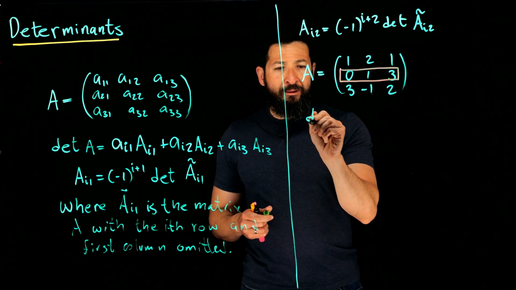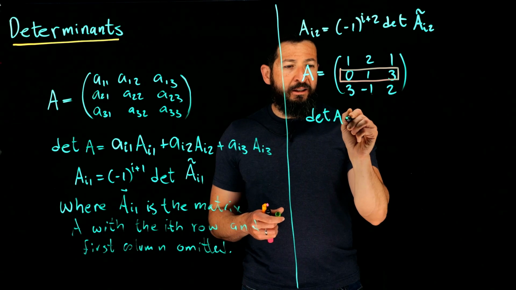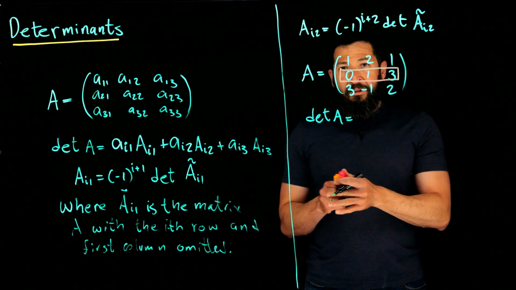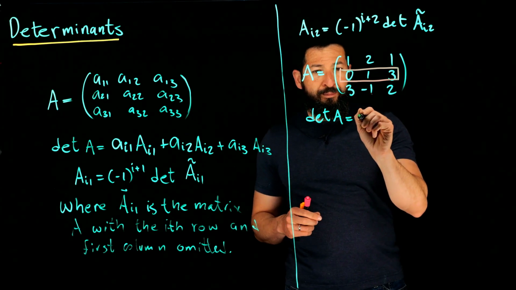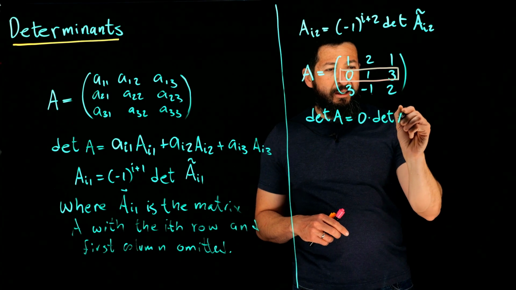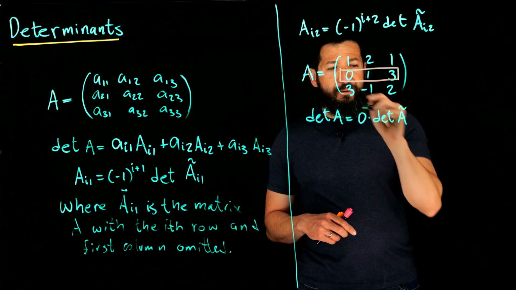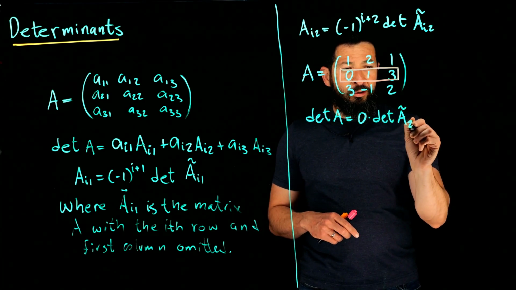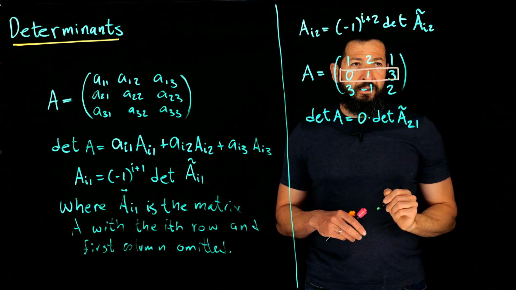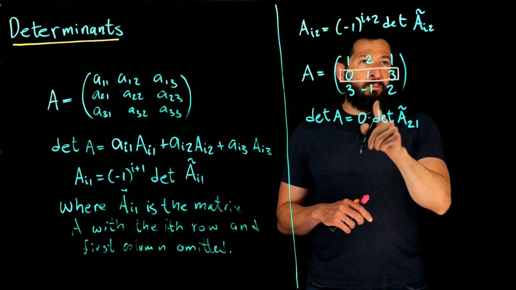then the determinant of A is going to be equal to the first entry, 0, times the determinant of that matrix A tilde sub, my row is 2, I'm picking the second row, and the first column. Do I care what number that gives me?